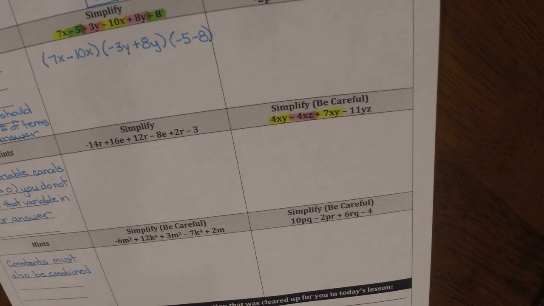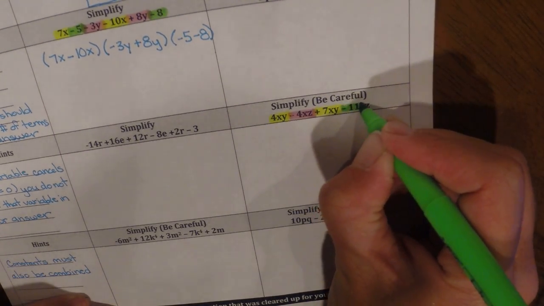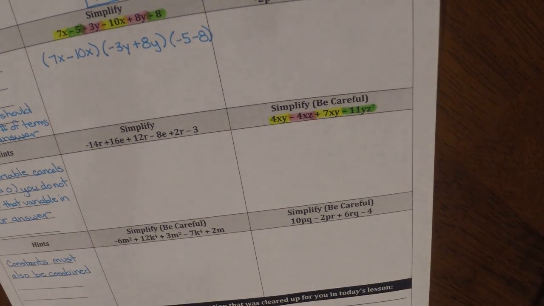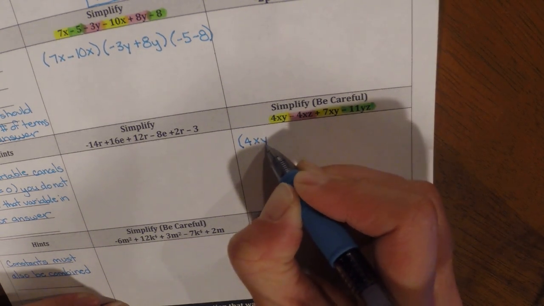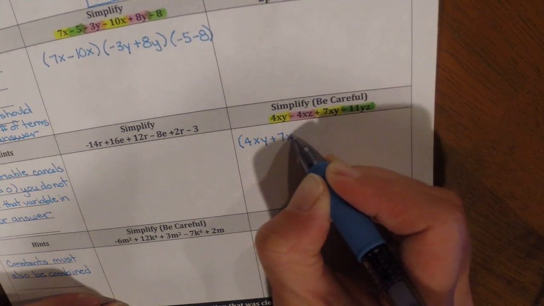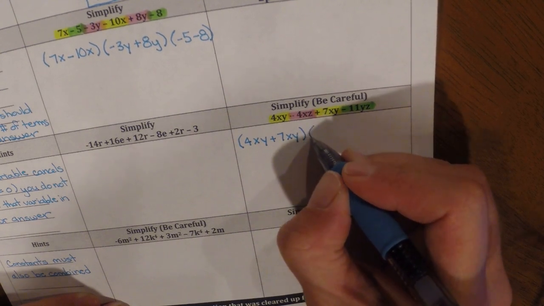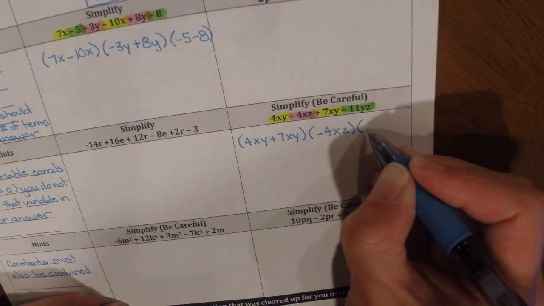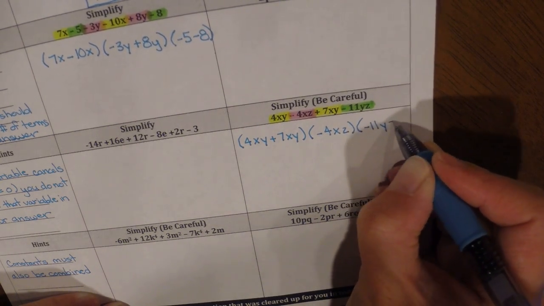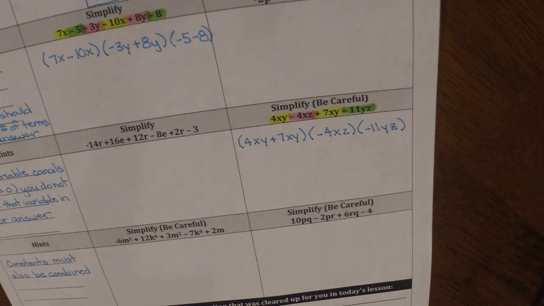So that would be by itself. So when I go to group these, I'm going to have yellow, which is 4xy plus 7xy. But then my pink group just says minus 4xz, and my green group just has negative 11yz. So that makes it pretty simple.